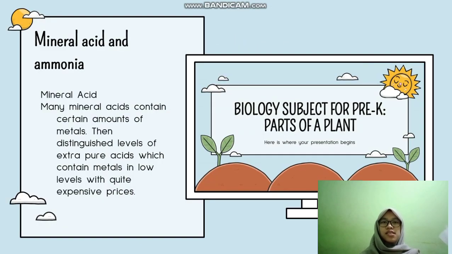1. Mineral acid and ammonia. Many mineral acids contain certain amounts of metals. Then there are distinguished levels of extra pure acid, which contain metals at low levels, with quite expensive prices.